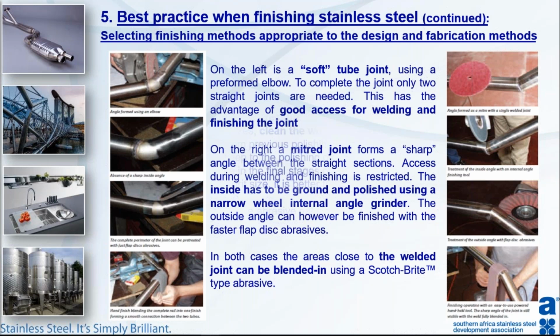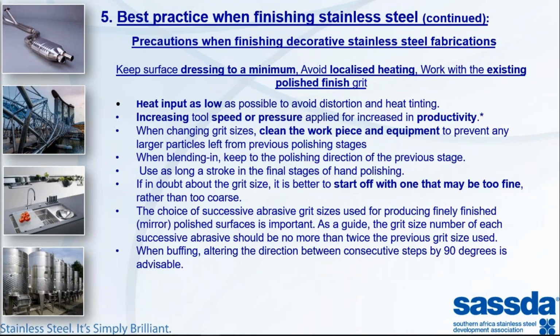Okay, so for industrial finishes, it's usually the weld areas and so on that get finished, and corners get deburred. But when we are talking about decorative finishes or hygienic finishes, some precautions must be kept in mind. You must keep your surface dressing to a minimum. Every little nick or bump or heat distortion will reflect the light in a different way, and it will always be visible whether you polish it or not.